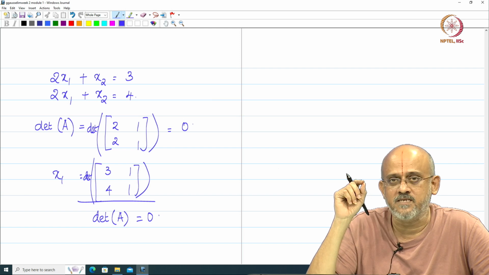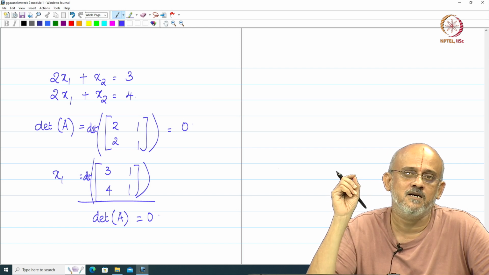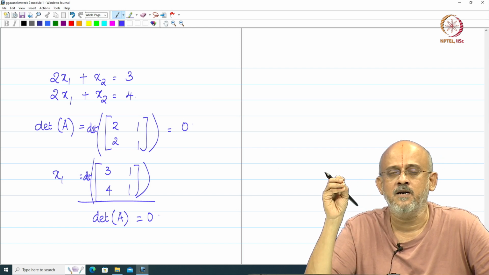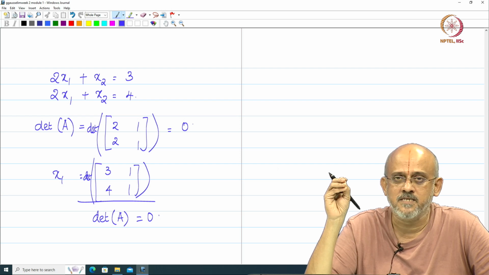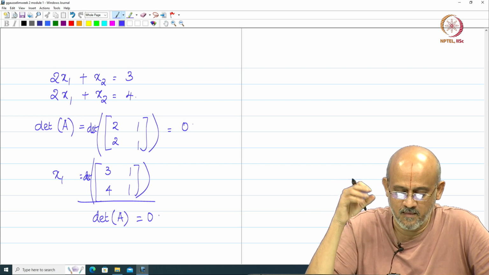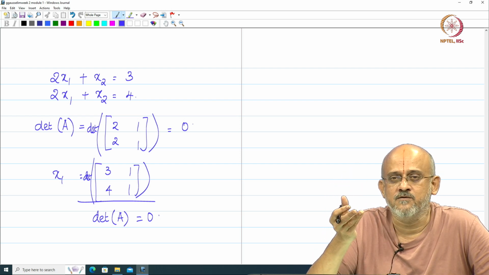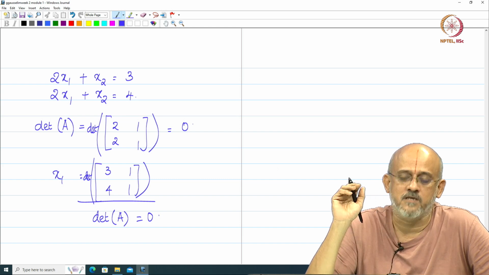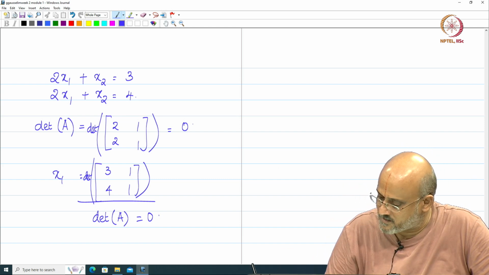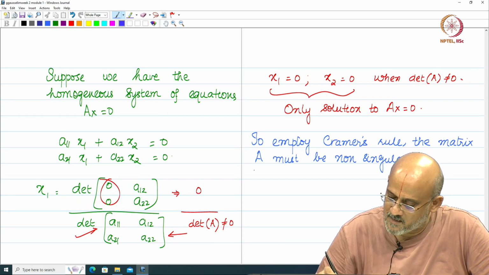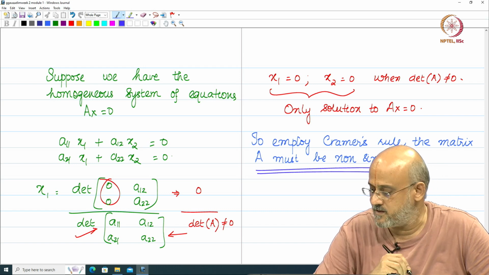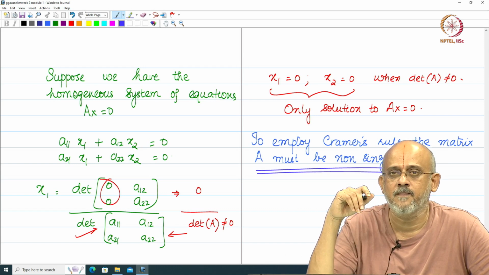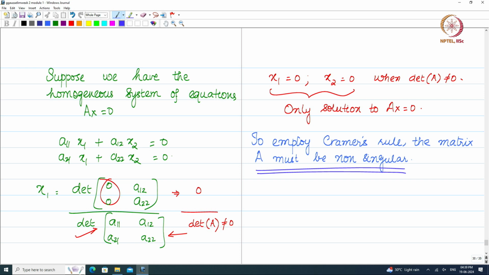What is essential to note is Cramer's rule is employed only when the matrix is invertible. This will not work because you get into this divide by 0 thing. So Cramer's rule, that is exactly what we have written here: the matrix A must be non-singular, fine.